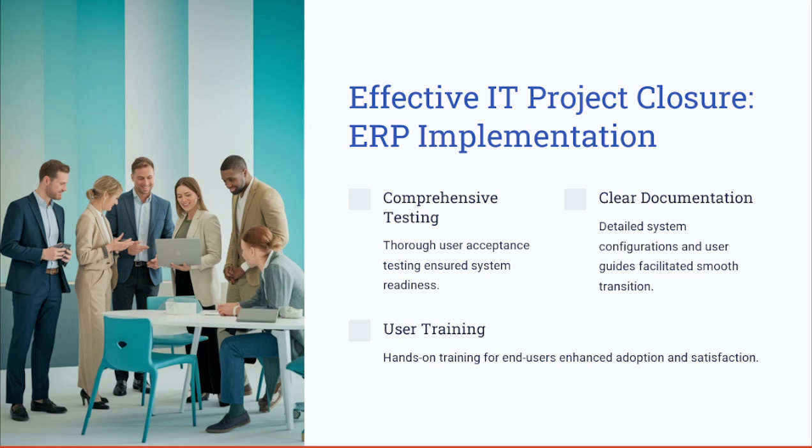In this case, a mid-size organization successfully implemented an ERP system, and by following a robust closure process, the key success factors included conducting a comprehensive user acceptance testing, which is part of the testing phase, documenting the system configurations and user guides, and providing hands-on training for the end users.